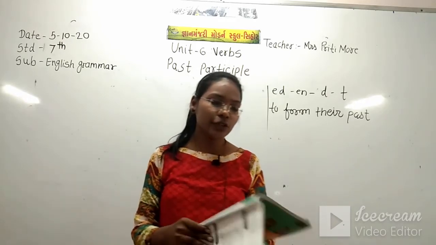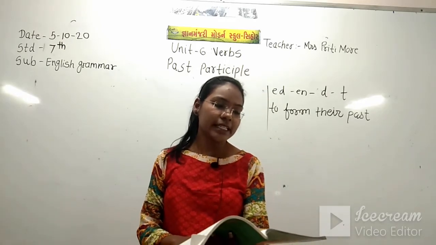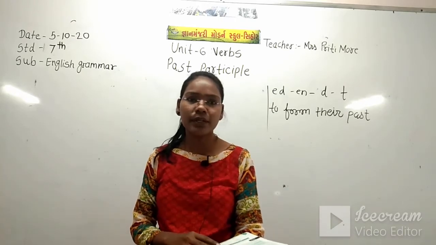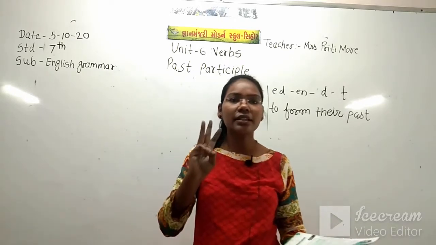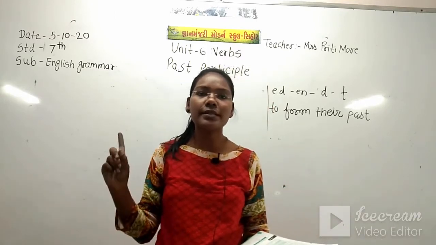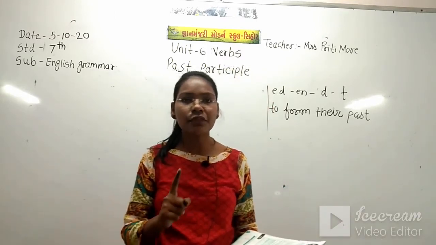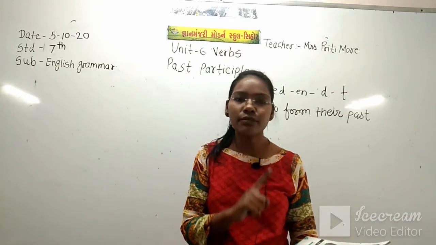In the last video, we started unit 6, verb past participle, and we saw there are three forms of the verb: present form, past form and past participle form.